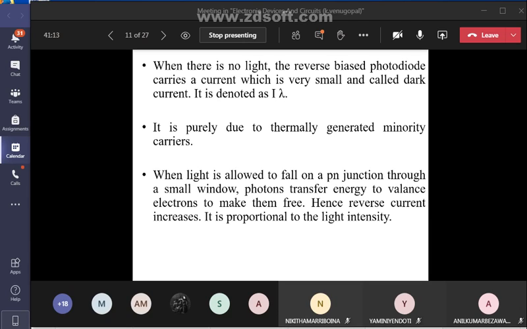Therefore, holes move towards the anode and electrons move towards the cathode, so the photocurrent will be generated.